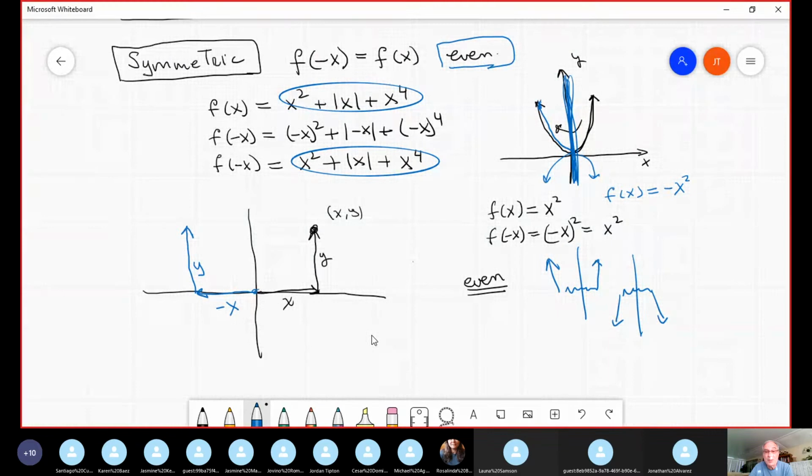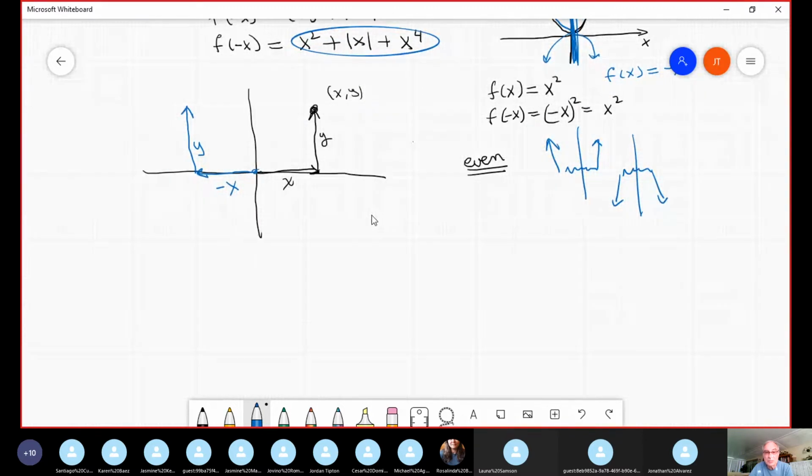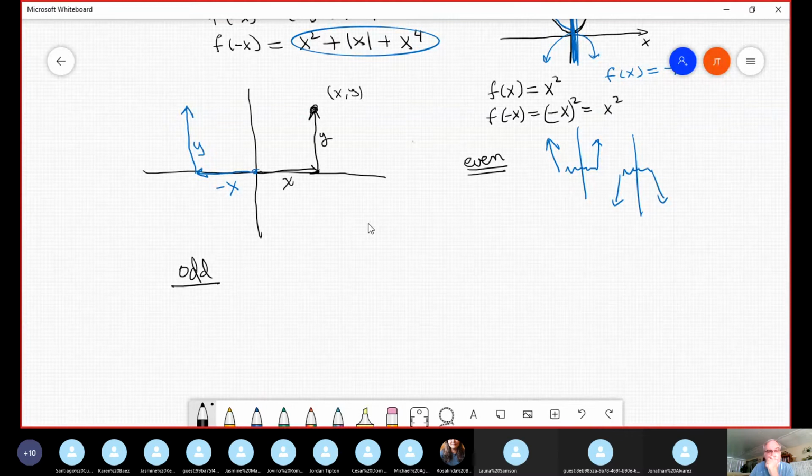Okay? Does everyone understand very well even function? Even is clear? Even is special. And odd is also special. Odd function now. But it's another kind of special. Suppose you are doing reflection again. Reflection is to replace x with negative x.